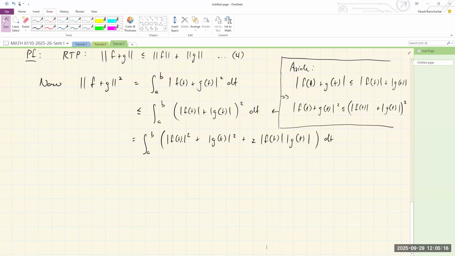And from here, I could break this up now into the integral of each of these terms.